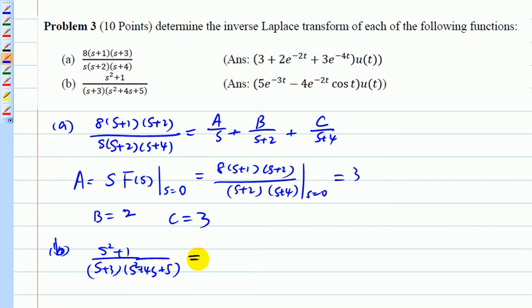You should be able to rewrite it as A over s plus 3 and Bs plus C over s squared plus 4s plus 5.